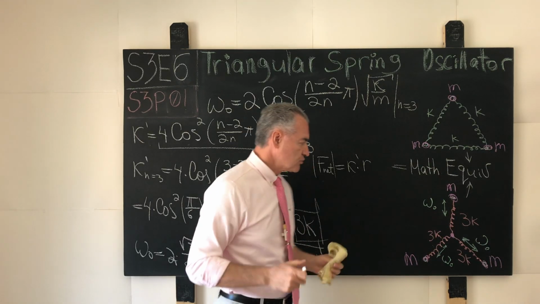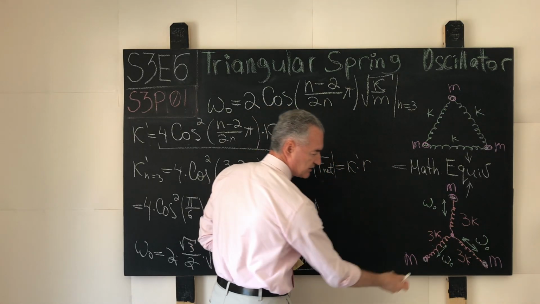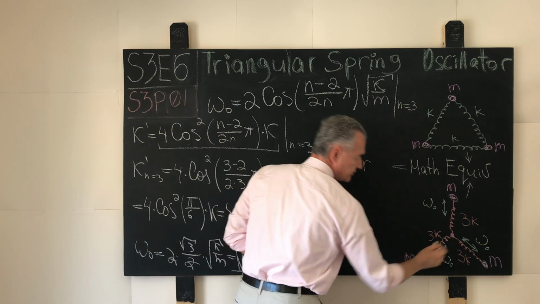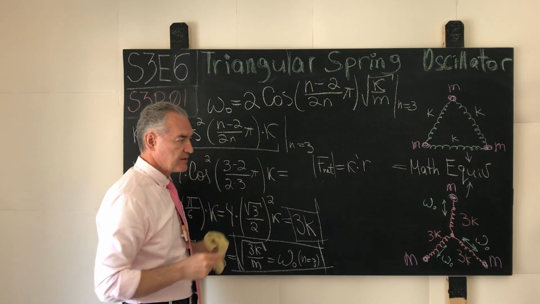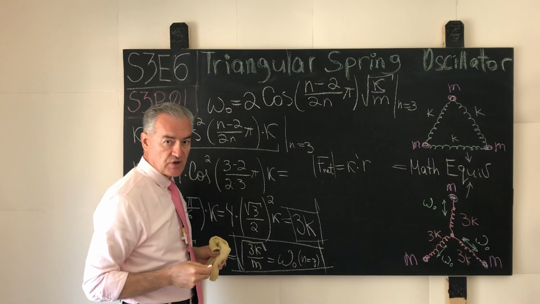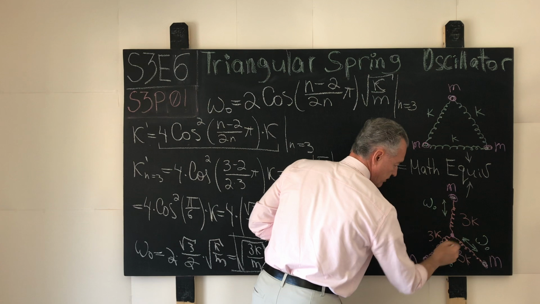But now what we have is 3 virtual ideal springs that connect each point mass with the circumcenter, or with the center of the parent regular polygon on n vertices, or in this case of an equilateral triangle, shown here this way, and this way.